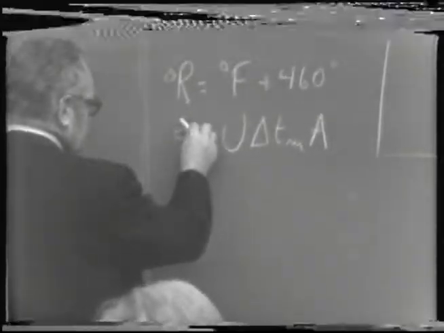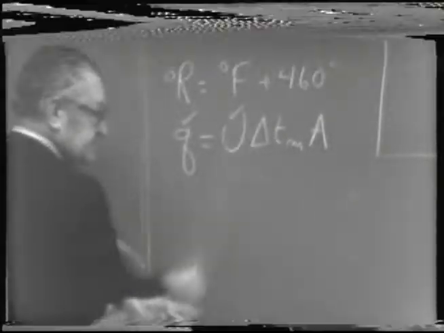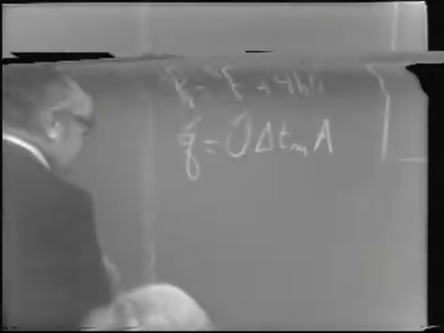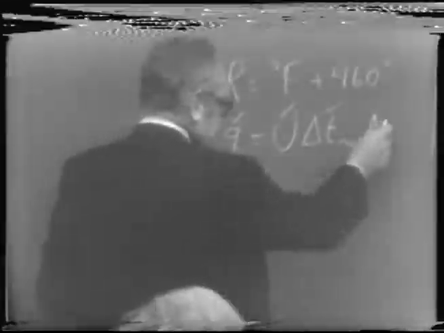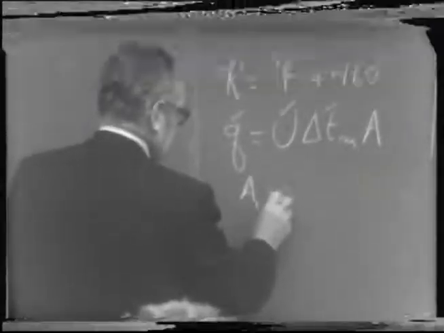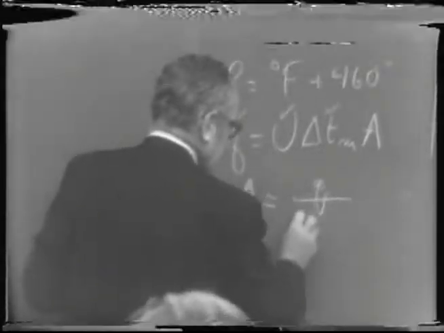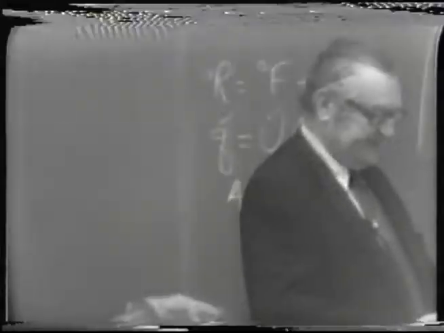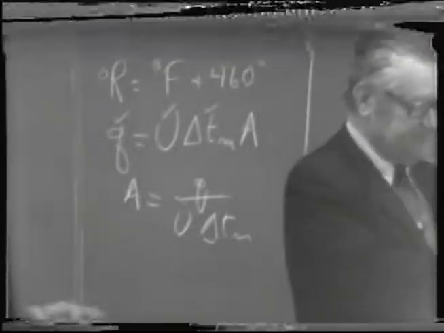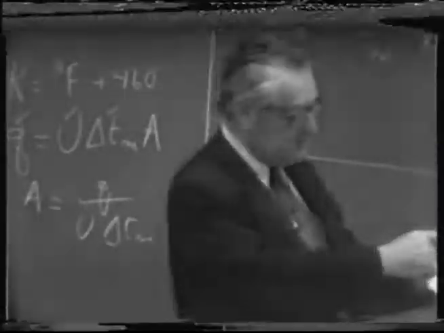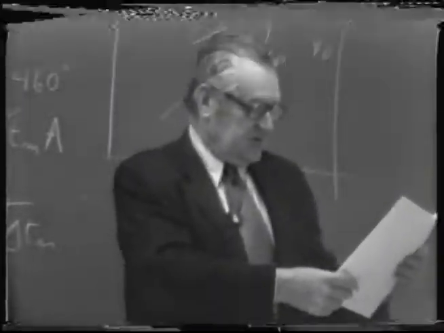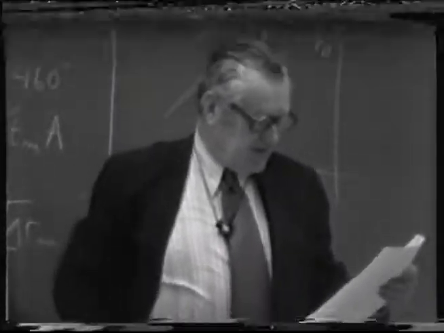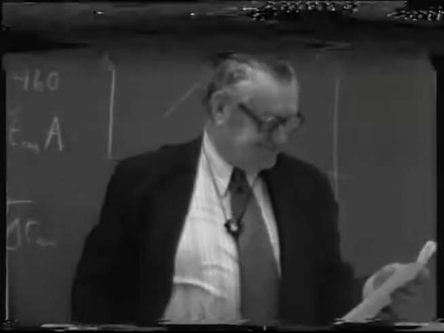We know what Q is, and it was stated what we're going to assume the U value is, and we calculated delta T sub M, so then we calculate A. In other words, A is equal to Q divided by U times delta T sub M. I won't have time to go into that further, but that's the formula we use to calculate this. The area comes out about 1,735 square feet.